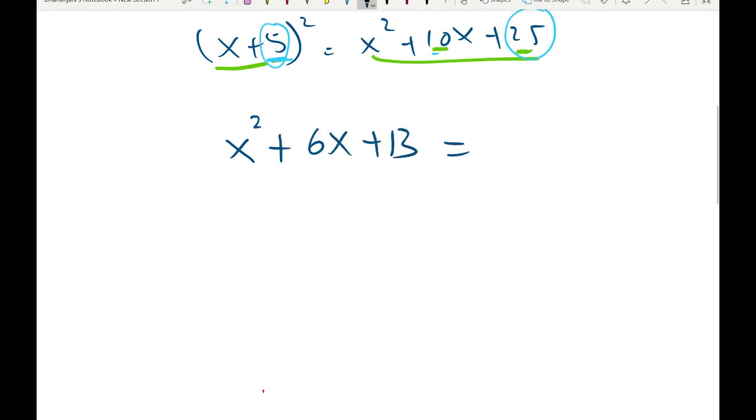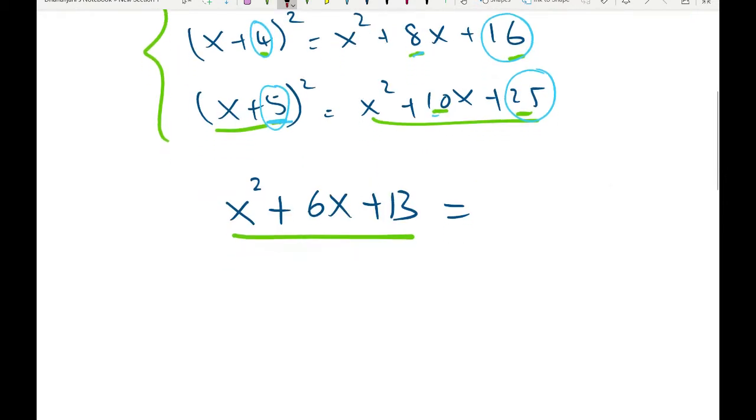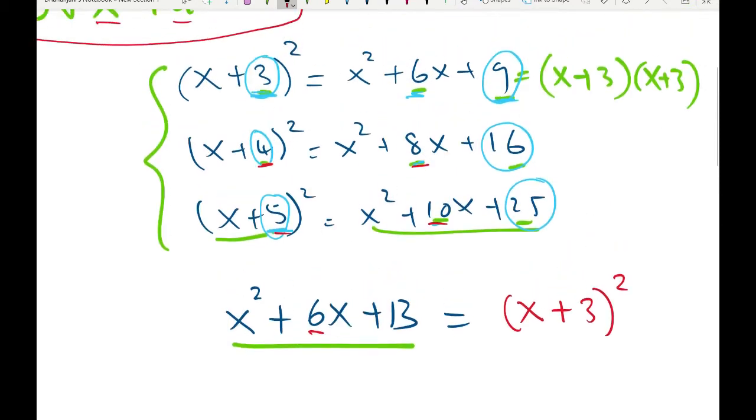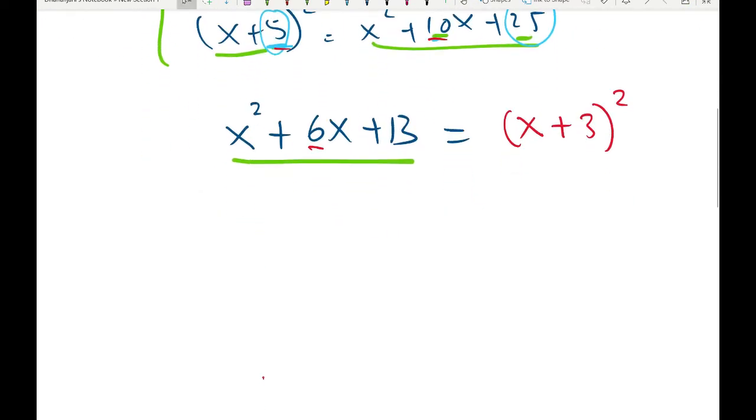Now what I'm going to do is rewrite this function like something that you have in the left hand side. So the relationship is, if you look at 6 here, we know it should be half. So this should be x plus 3, right? Because the relationship that we saw here is 4, 8, 5, 10, the twice relationship, right? 3, 6. But does that work here?